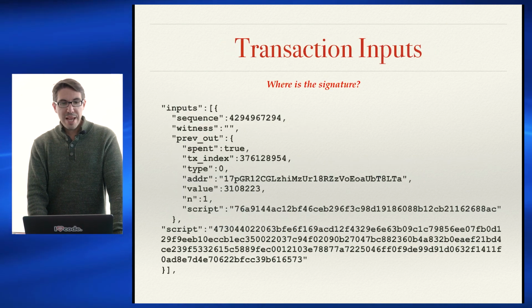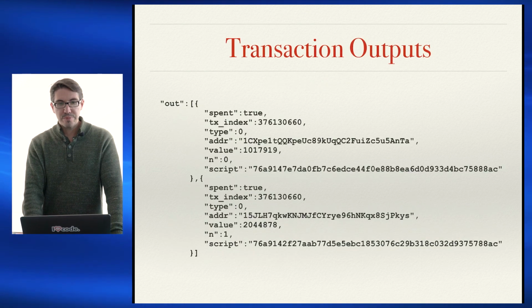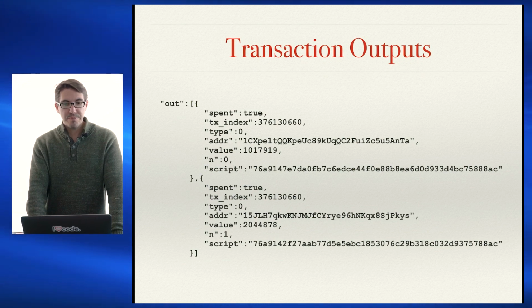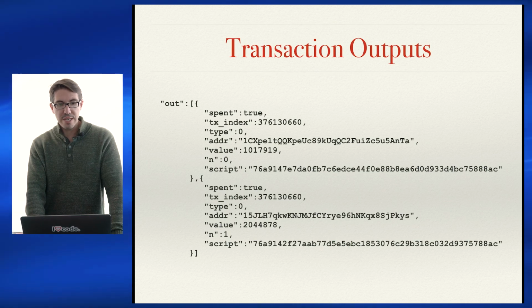So here we have some transaction inputs along with the script that will be run. And then we have the outputs with their script. You can see here that we have the addresses they're being sent to: 1CXPE1T... and 15JLH7Q... along with what their values are.